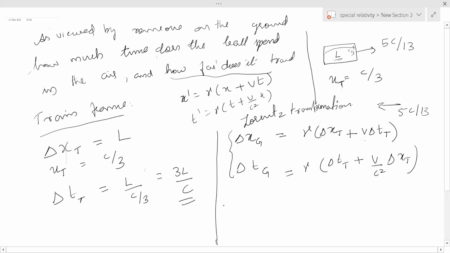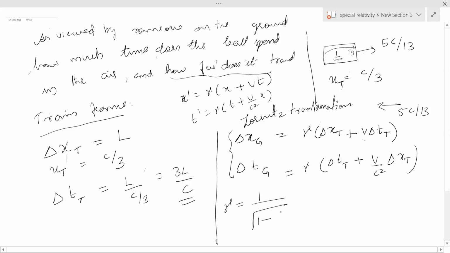Now we can find gamma. Gamma is equal to 1 by square root of 1 minus v square by c square. What's the velocity?